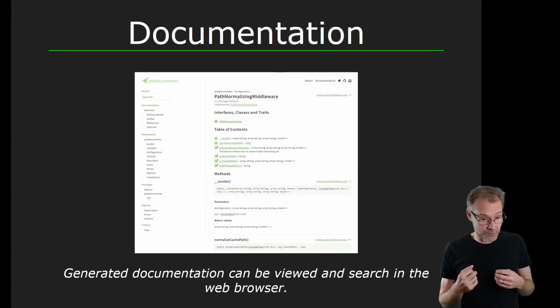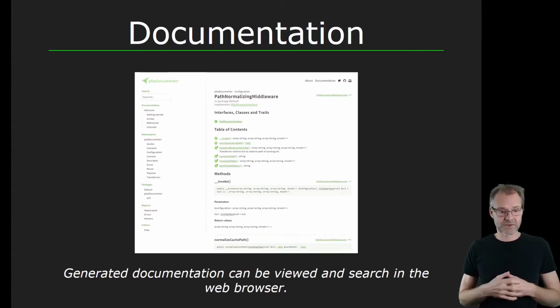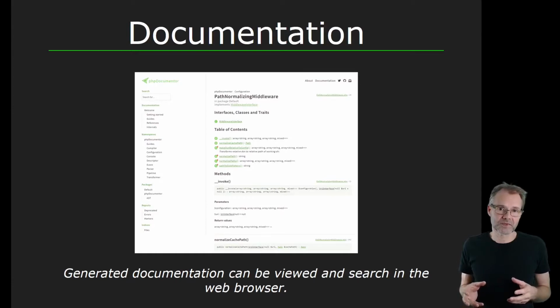Here is an example of such a documentation website, showing a class and the details of the class. It makes it pretty readable and easy to get into the details, and sometimes it's easier to use this than go into the code.